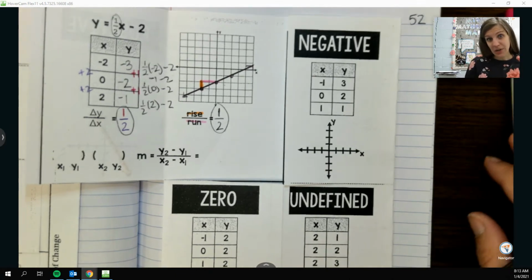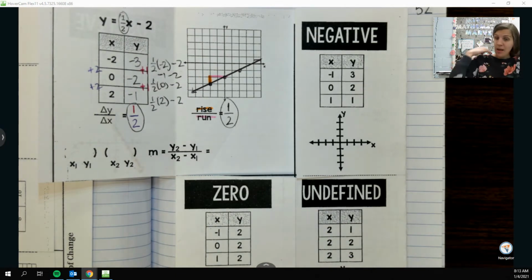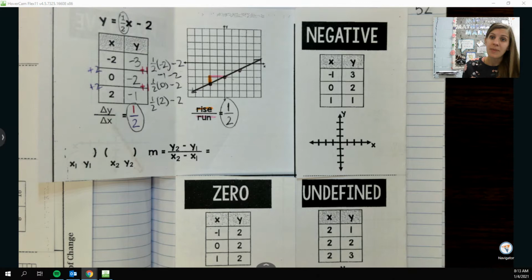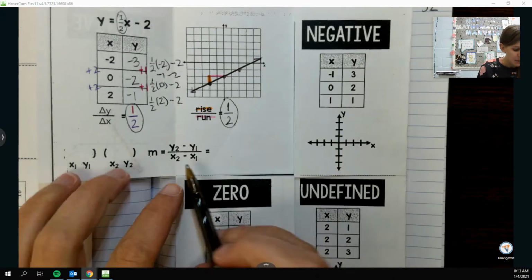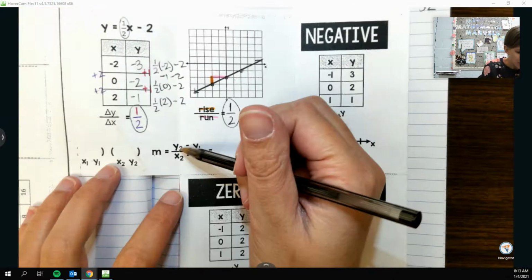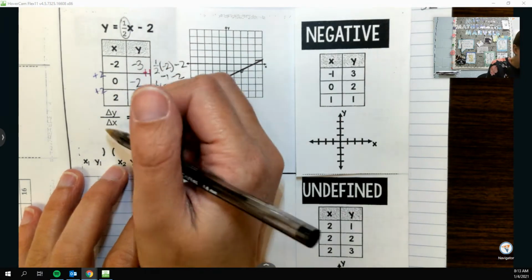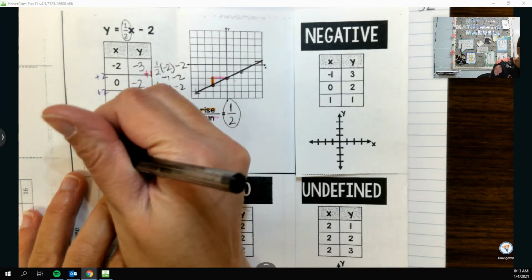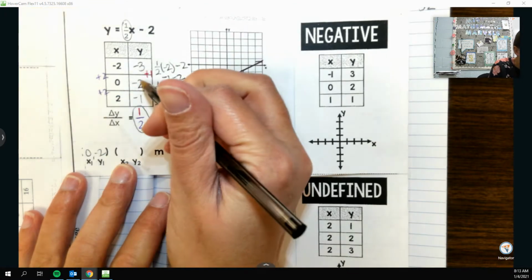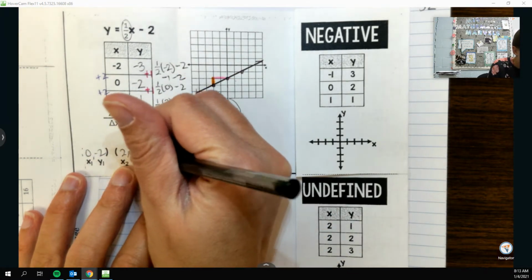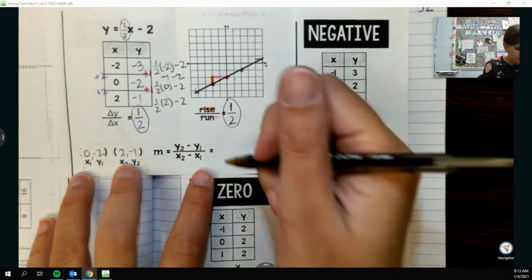Now the last way to do slope is to think about my slope formula, which we'll talk more about tomorrow as well. But right here's my slope formula. You really don't need to worry about the little 1s and 2s. But basically I choose 2 points. So let's say I pick 0, -2 as 1 point and 2 comma negative 1 as another point.